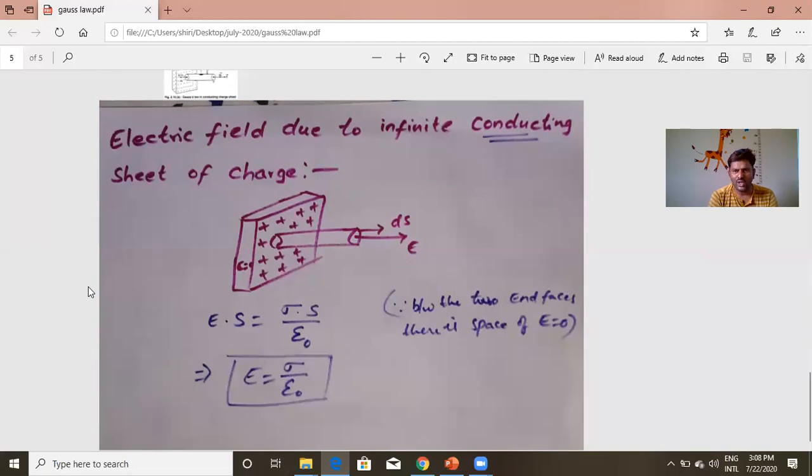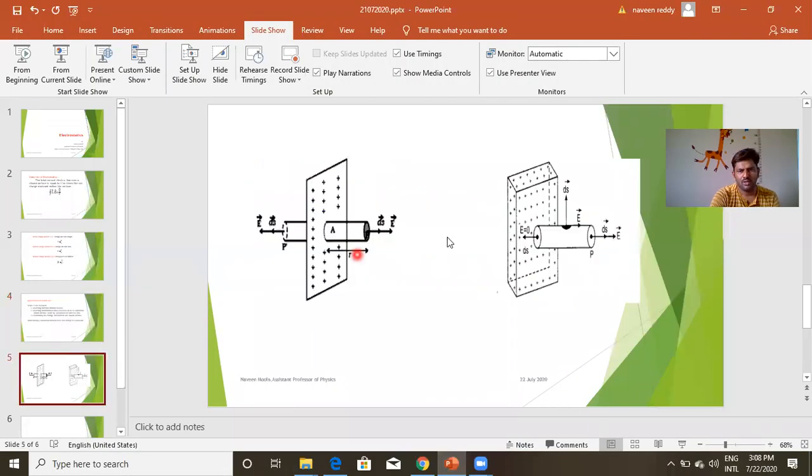Electric field due to an infinite charged sheet and electric field due to an infinite conducting sheet of charge. You see here, this one where my pointer is showing is already covered, that is the infinite sheet of charge. Here the charge is in a plane, so we consider both the sides, and we arrived at the solution of electric field intensity E equal to sigma by 2 epsilon naught.